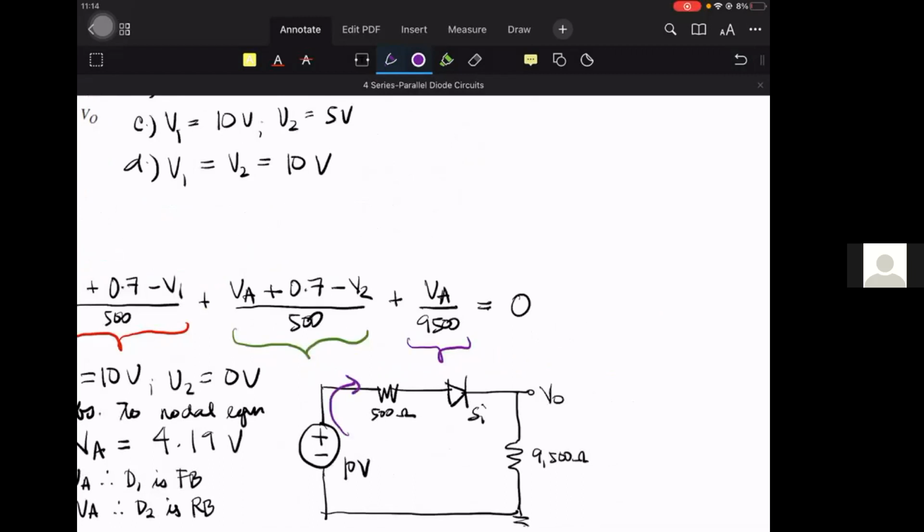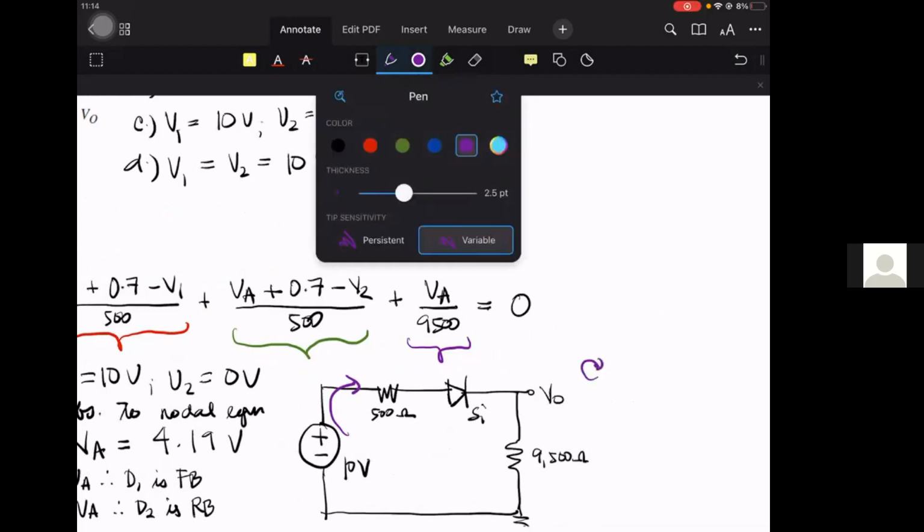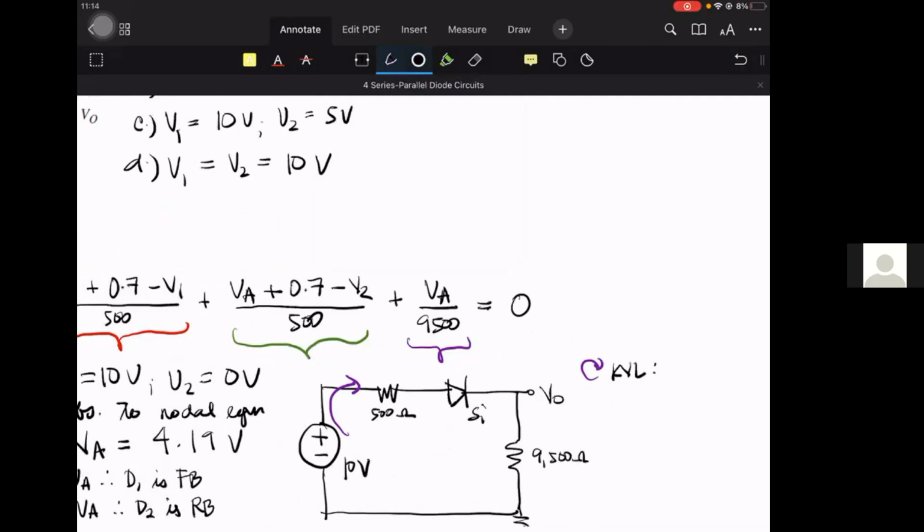It's still a series circuit, so we apply KVL. Just like before, 10 minus I times 500 minus 0.7 minus the same I times 9,500 equals 0. Therefore, I is equal to 0.93 mA.